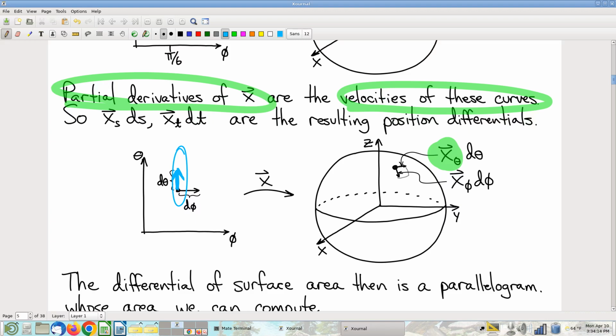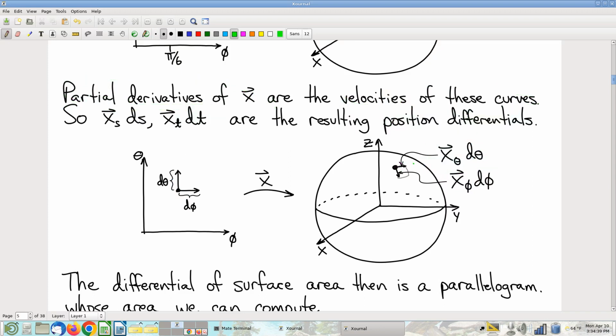That's the input change, d theta. Then this product is the corresponding output change. So this interpretation comes out of thinking of the partial derivative as being a velocity. Okay, so nice fact then. We can look at output differentials in the target as being defined by these formulas right here. They're just partial derivative times parameter differentials. Those are your little position differentials on the surface.